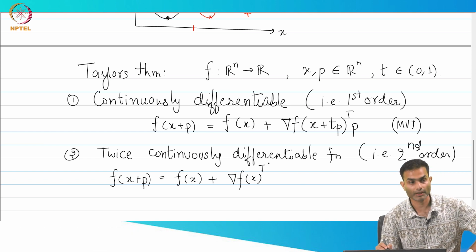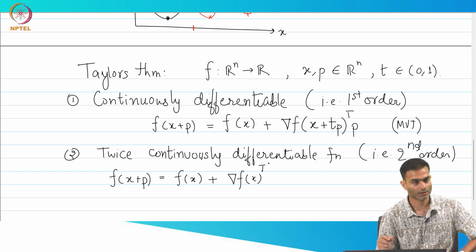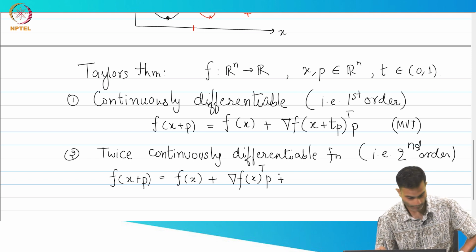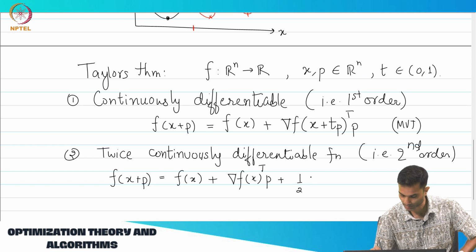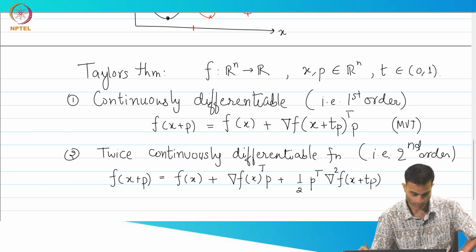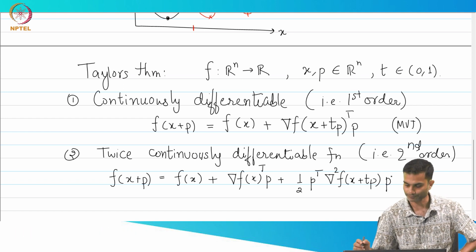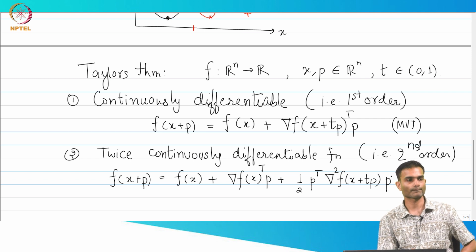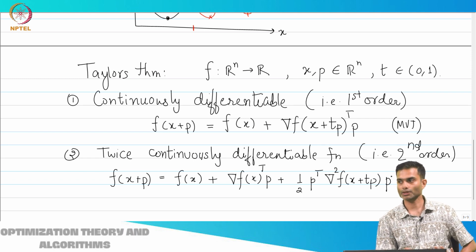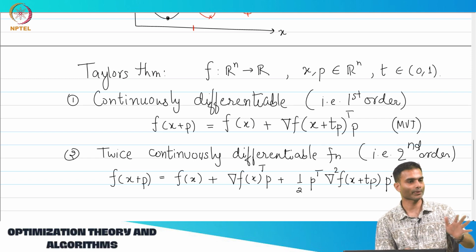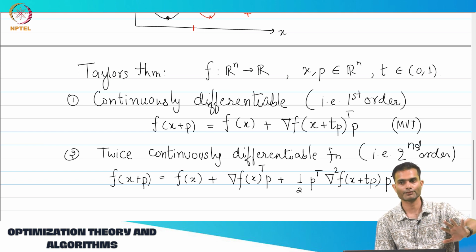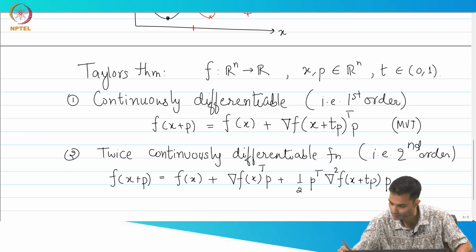This time it's the derivative at x, not x plus anything. And then for the second term, there comes a half p transpose Hessian at x plus tp. So I'm stating this without proof, but this follows straight. The expression looks just like the expression for the scalar function case.